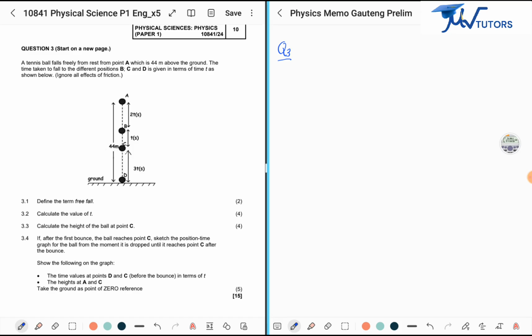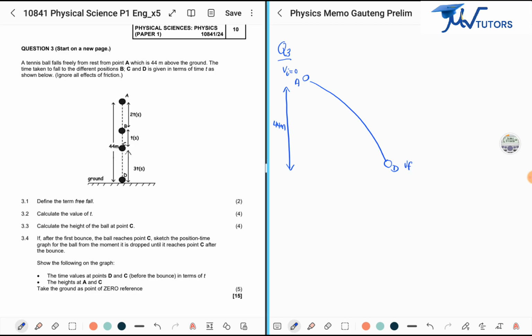Okay, I like drawing what is happening. So there we are at point A. This ball with time falls until it reaches D, right? So this is A, that's D. And then the height or the depth which it fell was 44 meters. And when it fell, it was actually dropped. It was from rest, so the initial velocity is 0.